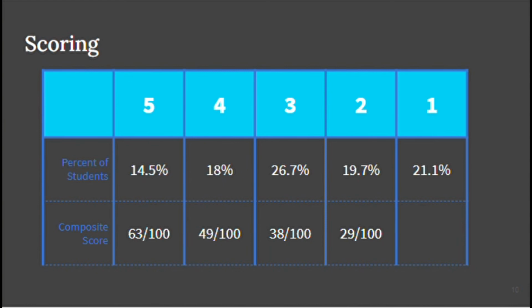The composite score, I got this from a website online that is not the College Board, so take this with a grain of salt. However, I think that they're generally accurate. The composite score is accounting for the weighting of all of this. Generally, multiple choice questions are worth 1 point, and the free response questions are worth some multiple of points per point that the free response question is.